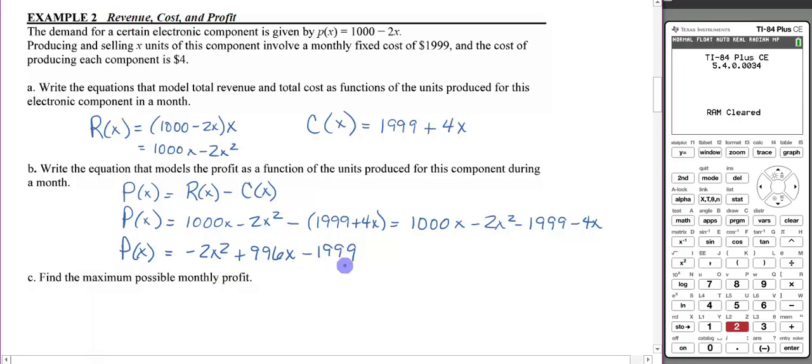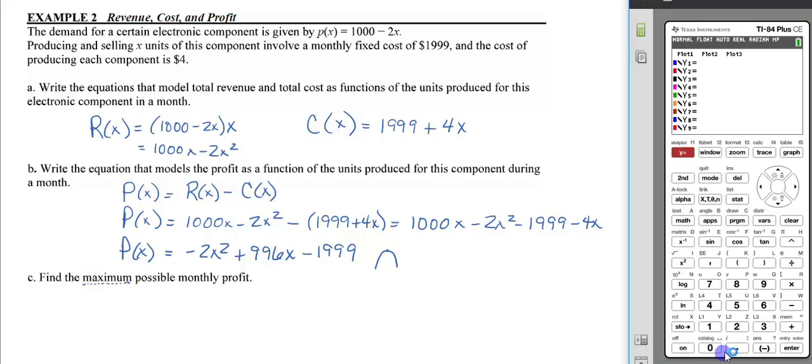This is a quadratic function. It results in a parabola. It is a downward opening parabola. So when we are finding the maximum possible monthly profit, we recognize that the word maximum is the key word to tell us we're looking for something about the vertex.